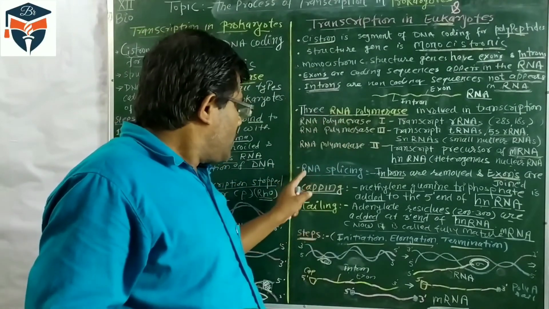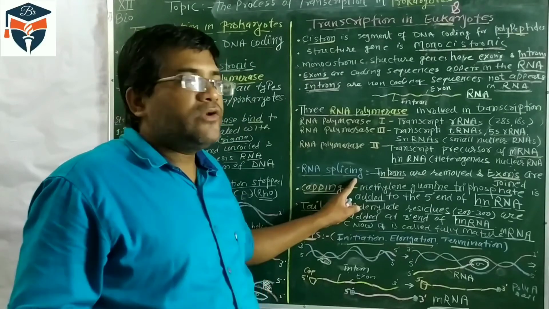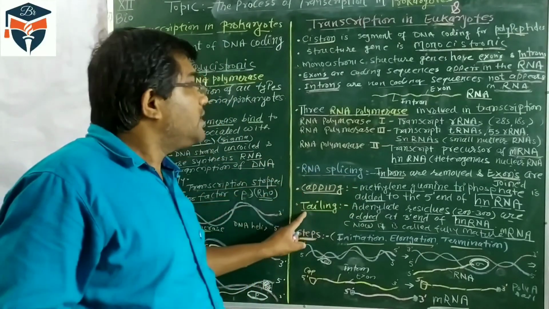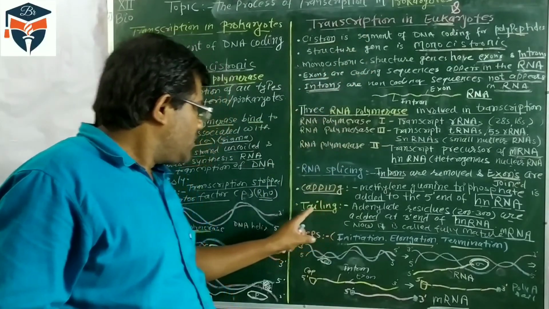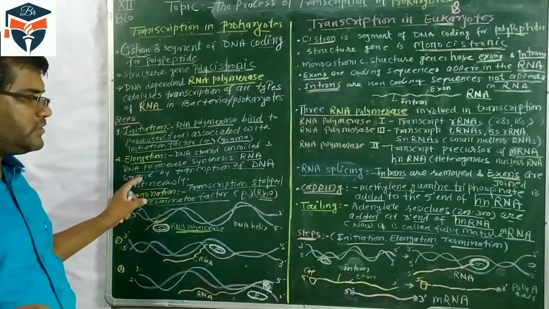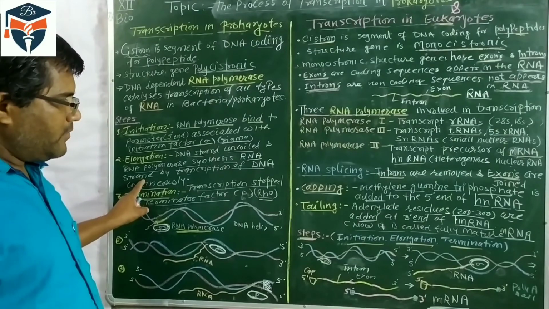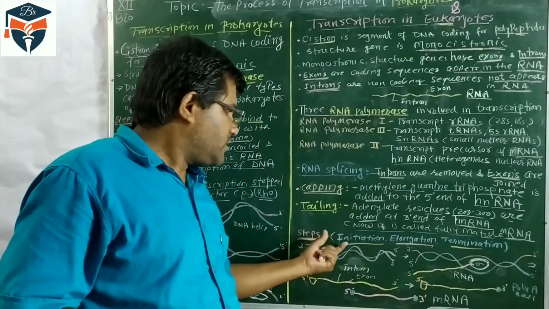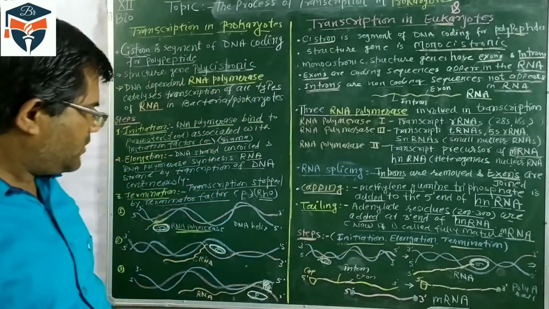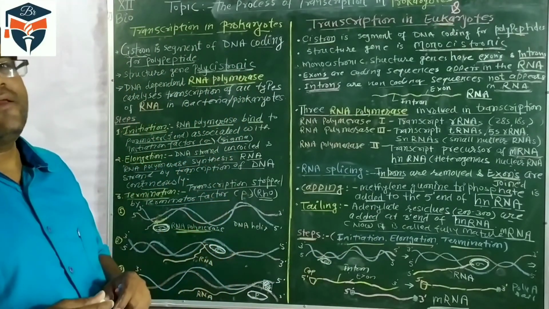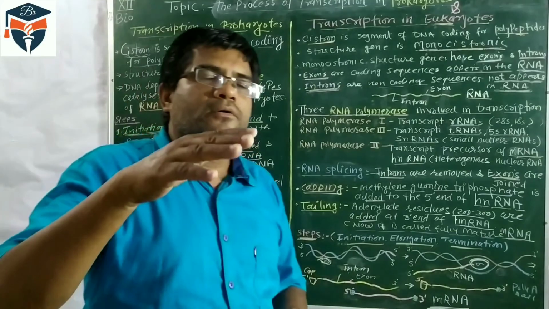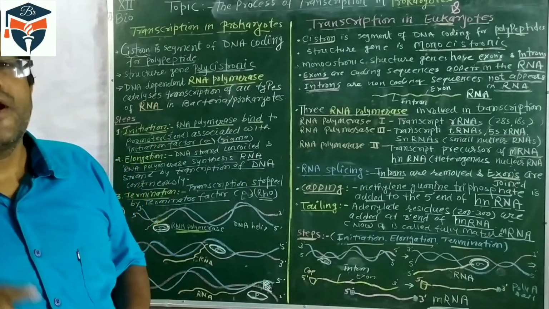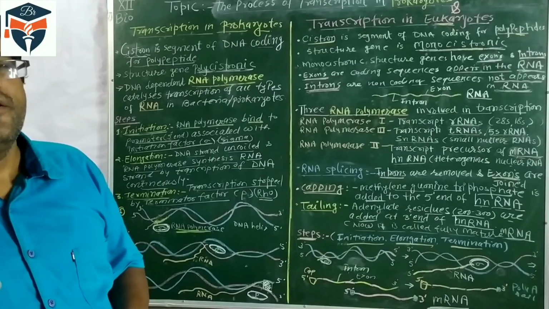RNA splicing occurs in eukaryotes, and does not take place in prokaryotes. Capping and tailing also occur in eukaryotes, and are not described here. The steps of transcription, initiation, elongation and termination, are the same in prokaryotes and eukaryotes. So that is all about transcription in prokaryotes and eukaryotes. Thank you.